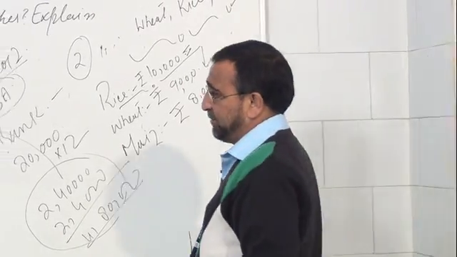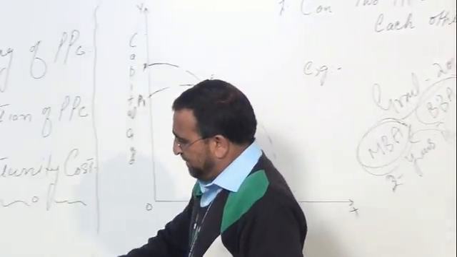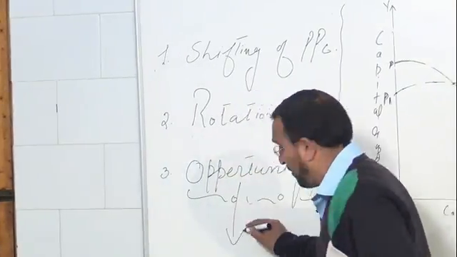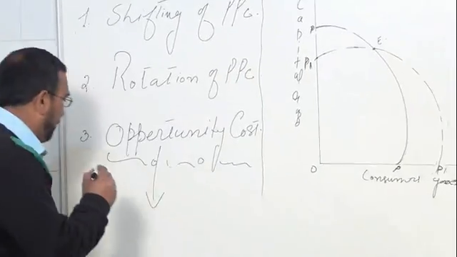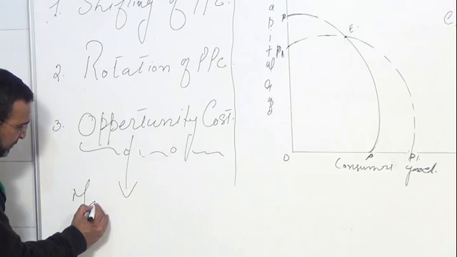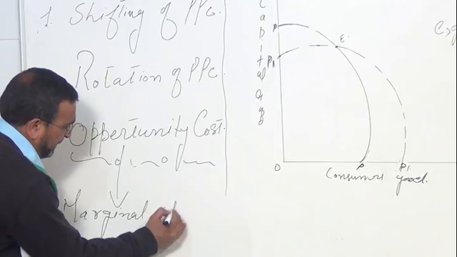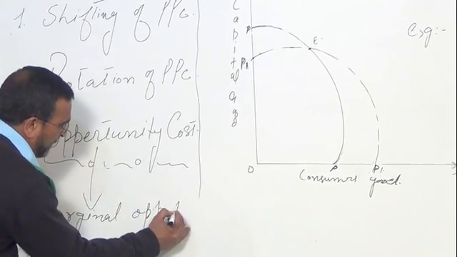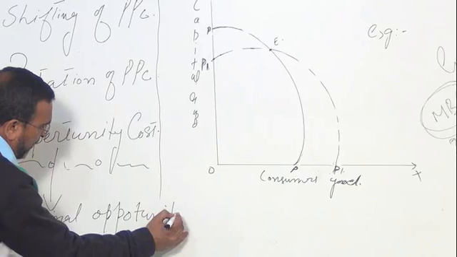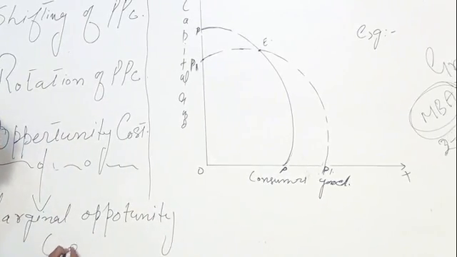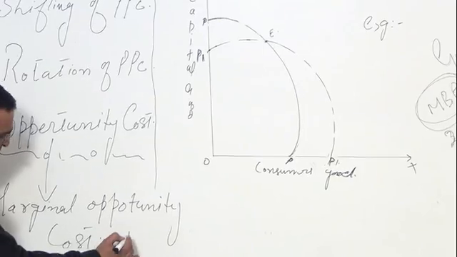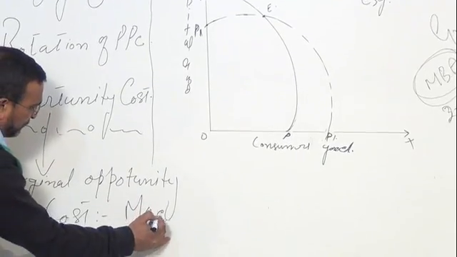One more cost, lastly, the fourth related to this opportunity cost, is marginal opportunity cost, also written as MOC.